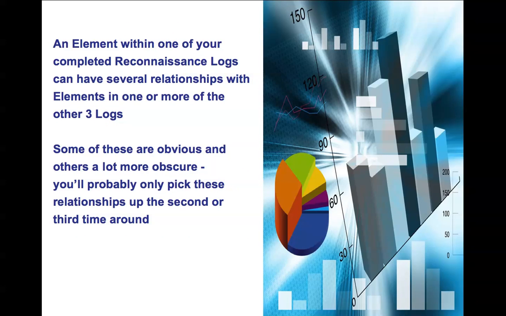And basically what we're concerned with here is an element within one of your completed reconnaissance logs, which can have several relationships with other elements in one or more of the other three logs.